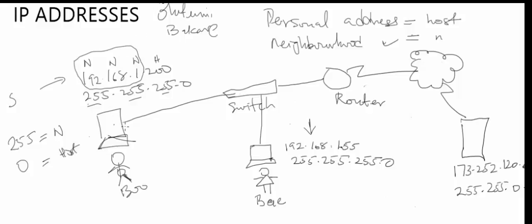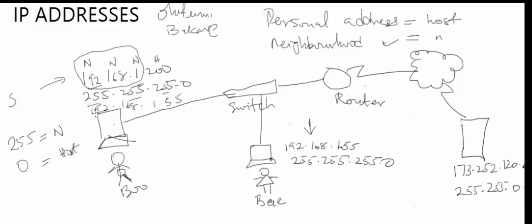What actually happens is this: this computer looks. I have been configured with a subnet mask of 255.255.255.0. It looks at the destination IP address, 192.168.1.55, looks at its subnet mask and says, okay, my first octet is used for network addressing.